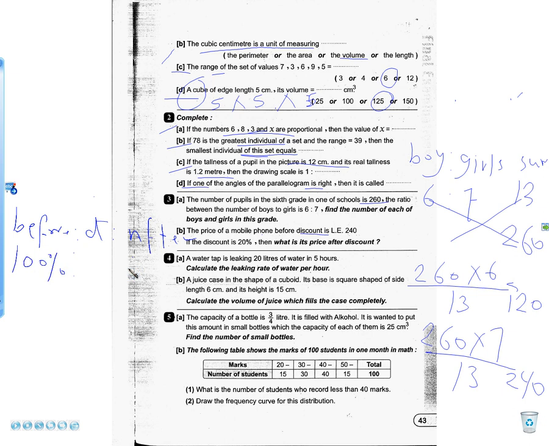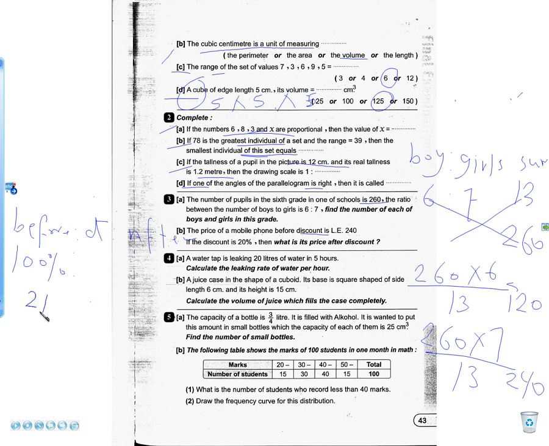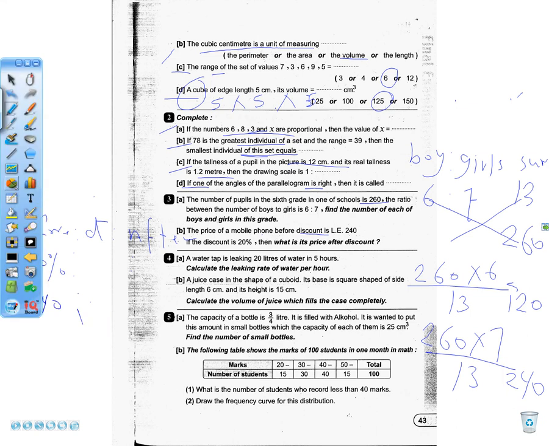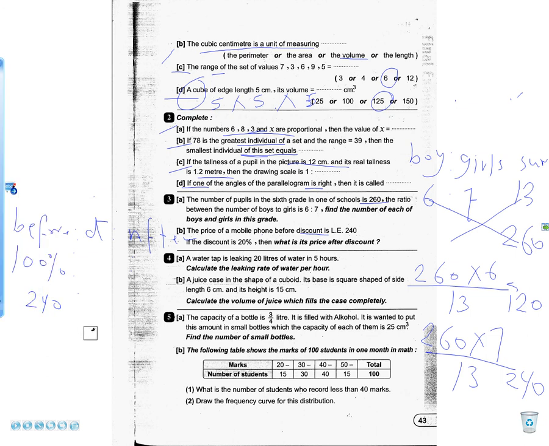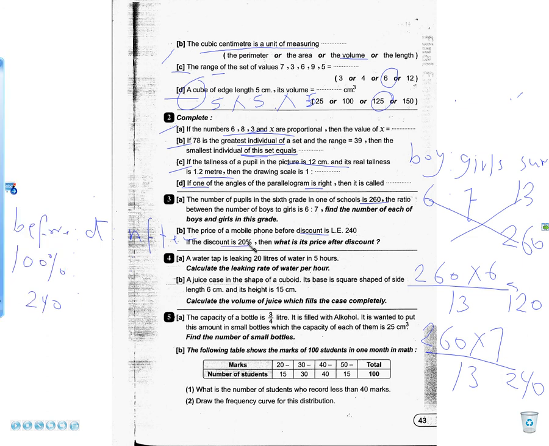What do we have? We have the price of the mobile phone before discount, which is 240. The 240 should be written down. What else do we have? We have the percentage of discount, which is 20%.